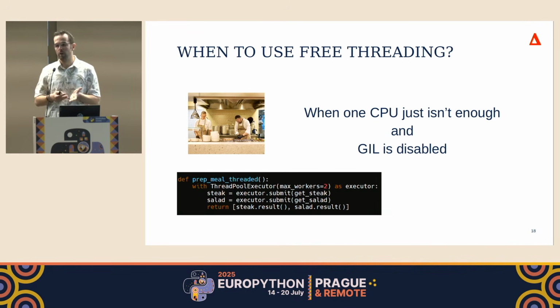That is the point where you need multi-threading, when your workload needs more processing power, more CPU. So heavy computations, for example, or mathematical calculations, those are good examples. And you can now leverage the free-threaded, GIL-free version of CPython for real multi-threading. Things can truly run at the same time. So we have multiple cooks and multiple grills in Python Kitchen, and they work in harmony without blocking each other.